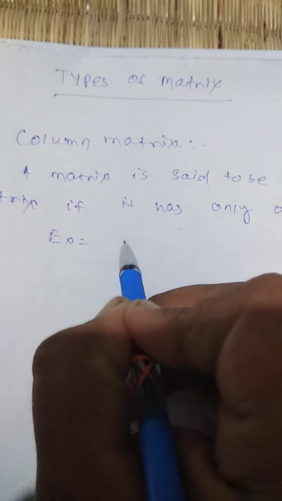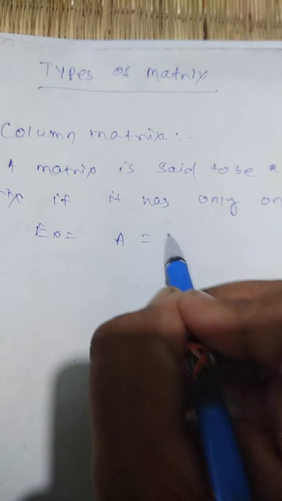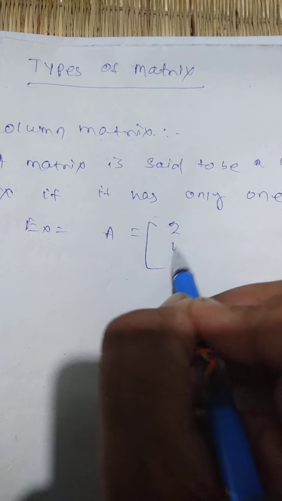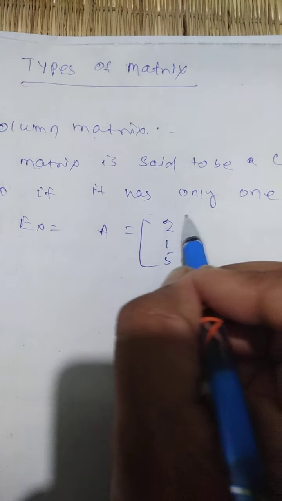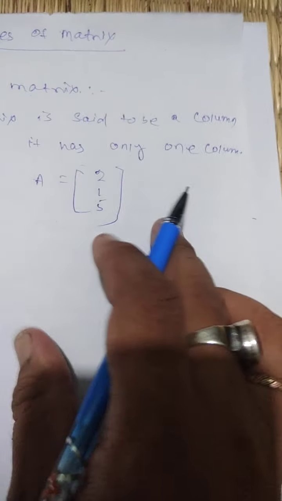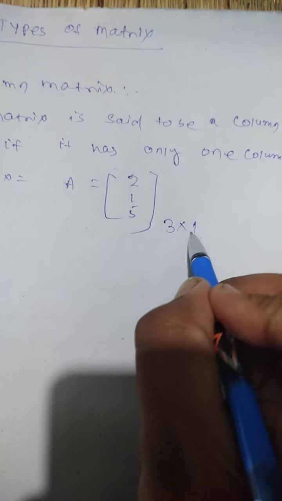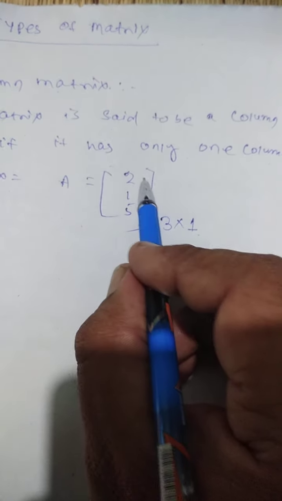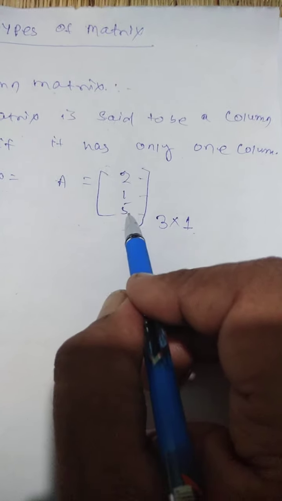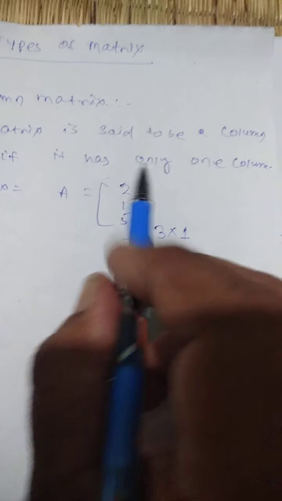Example, let A matrix is equal to 2, 1, 5. This is a column matrix of order 3 cross 1, because there are 3 rows and 1 column. So any matrix having only one column is known as a column matrix.